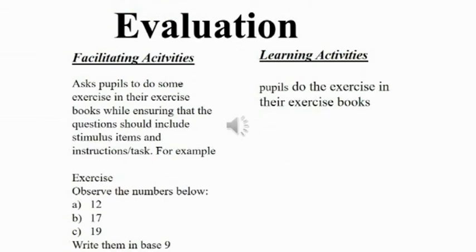So after the consolidation stage, we move to the final stage of our lesson, which is the evaluation. At evaluation, the teacher wants to find out whether the pupils have understood or the extent to which they have understood the lesson.